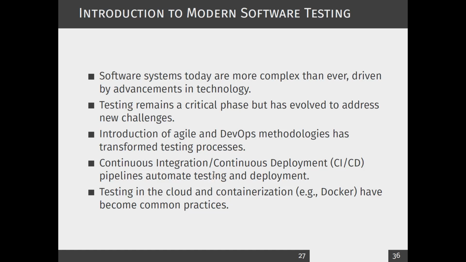So therefore, the container, like Docker, makes sure that you will have the same environment. So once you containerize, you will have the same setup as originally with the developer, right? So these things are becoming popular in modern software testing.